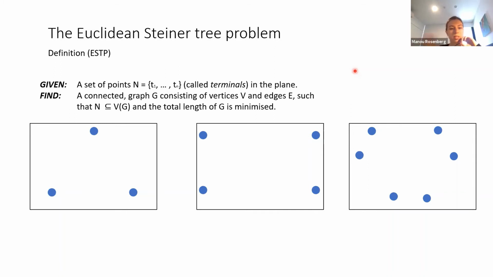They basically just give us the clusters, and we still have to determine how to interconnect the consumers in those areas. For that problem, we looked at the Euclidean Steiner tree problem. So basically a minimum spanning tree problem where we have some nodes in the Euclidean plane, but we are allowed to add further nodes.